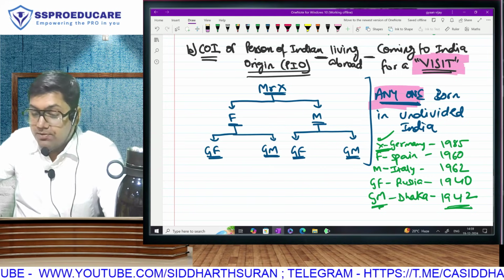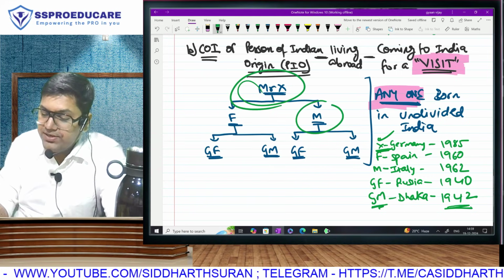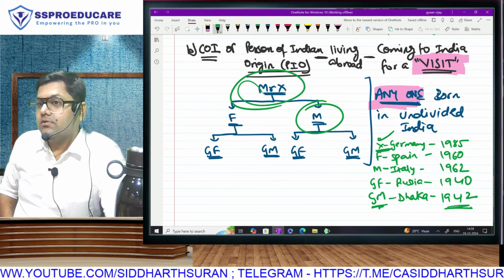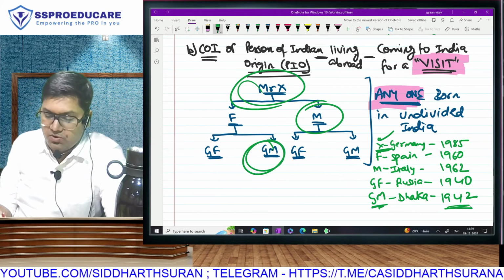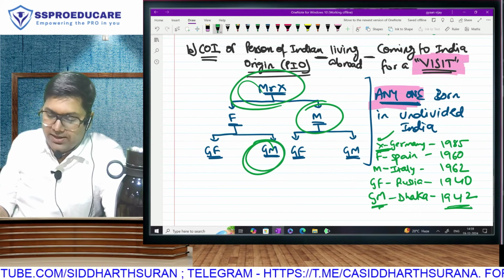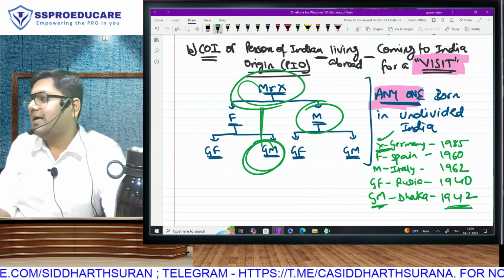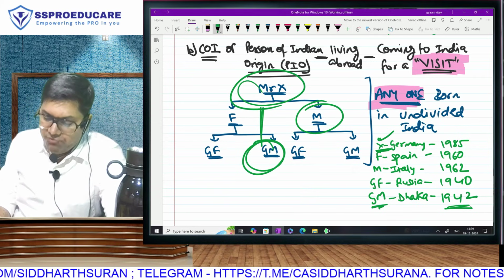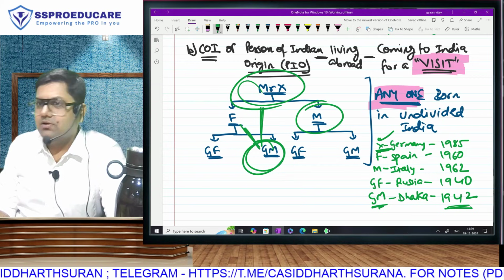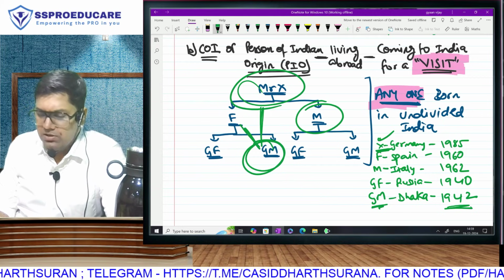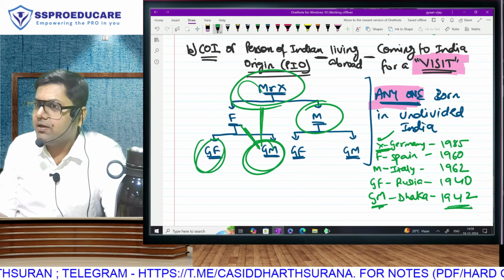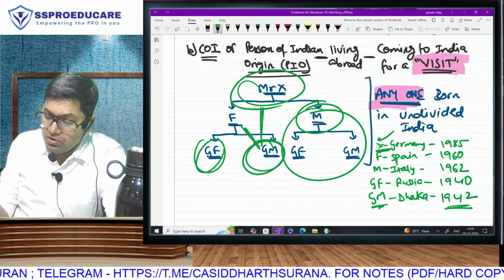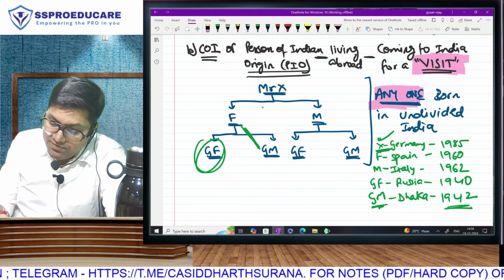Sir, Mr. X is PIO does not mean his mother is PIO. Because this grandmother was born in Dhaka. So yes, for Mr. X, it is grandmother, X becomes PIO. For the father also, she is mother, no? So okay, he also is PIO. But grandfather need not be PIO. These people need not be PIO. You have to check that for every individual.